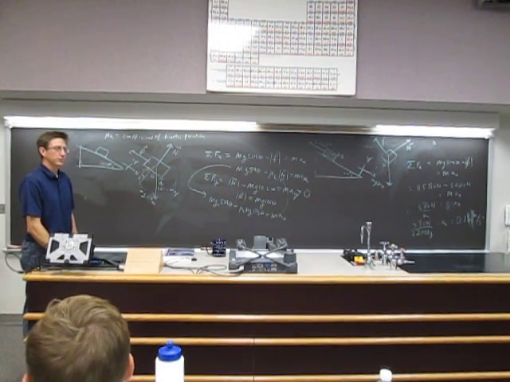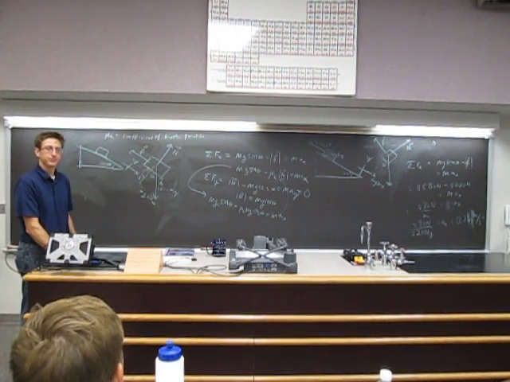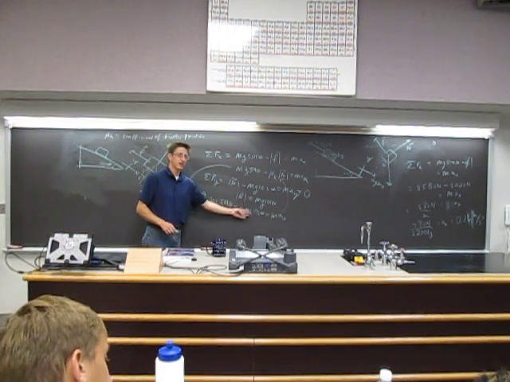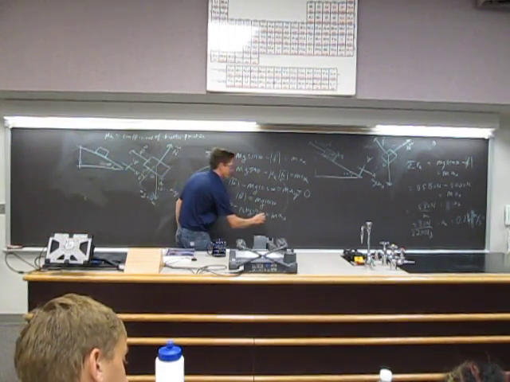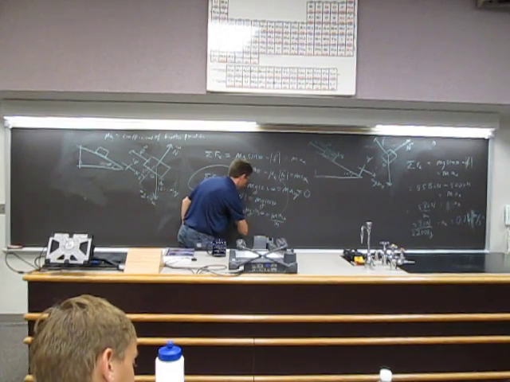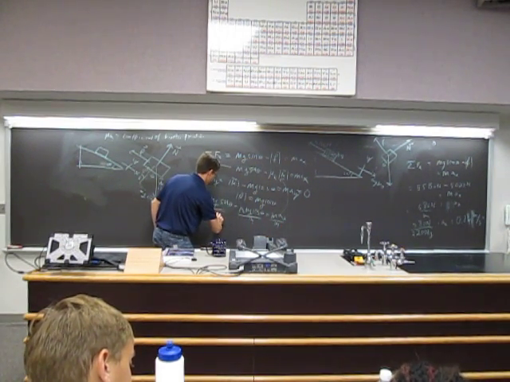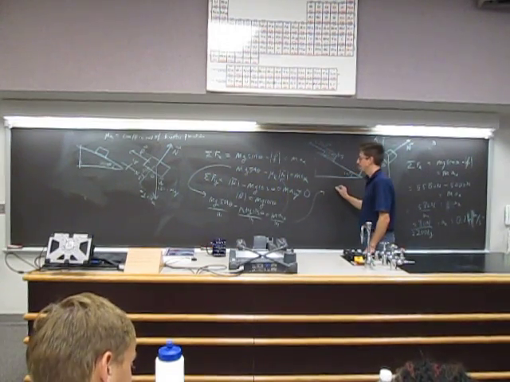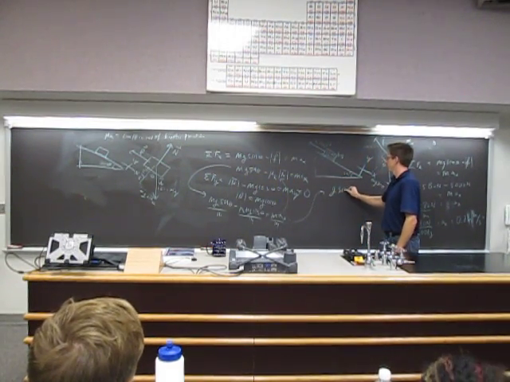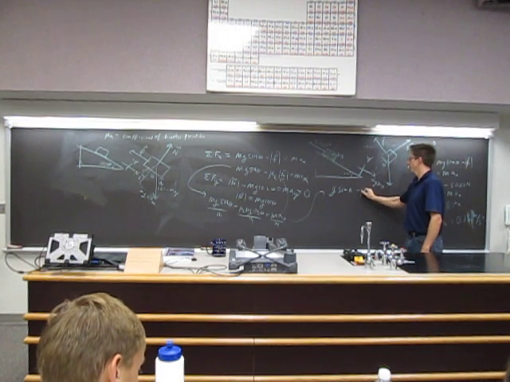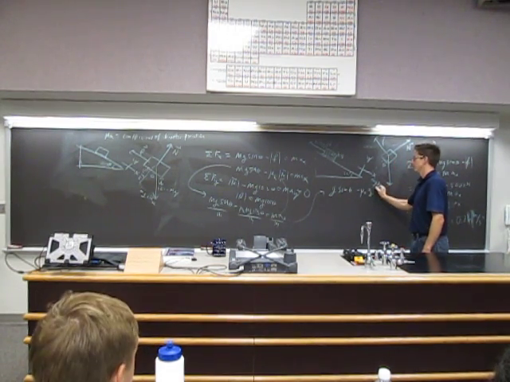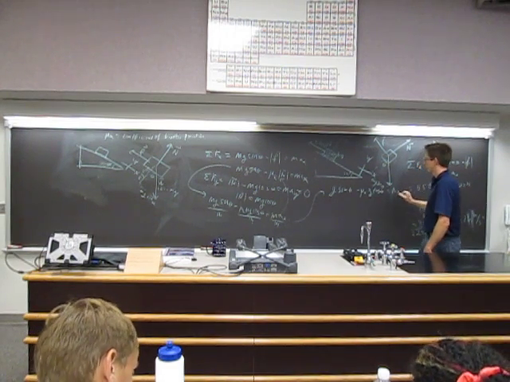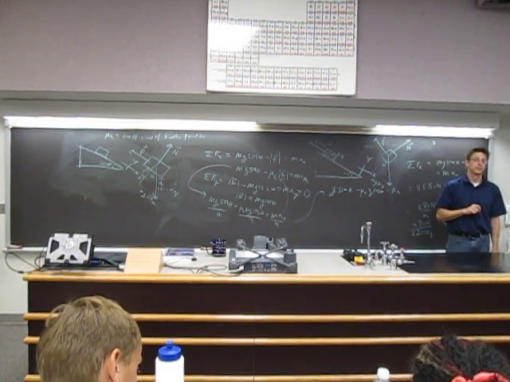Now if I want to get a sub x, what should I do? Divide by the mass. Yep, divide both sides of this equation by the mass. That's the same thing as dividing every term by the mass. And I would see that I'd get g sine of theta minus mu k g cosine of theta is the acceleration in the x direction.